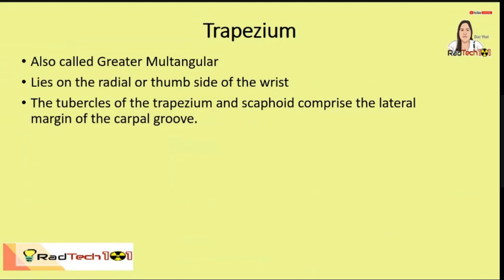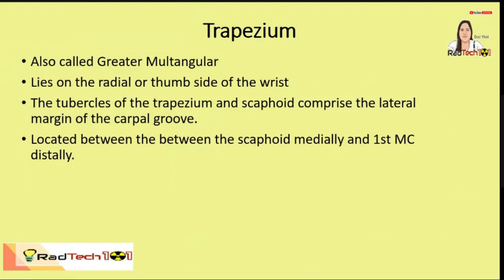Then, the tubercles. So, if you can remember your tubercles, these are the projections. The tubercles of the trapezium and scaphoid comprise the lateral margin of the carpal groove. So, there is a carpal groove. So, it is comprised of the tubercles of the trapezium and the scaphoid.